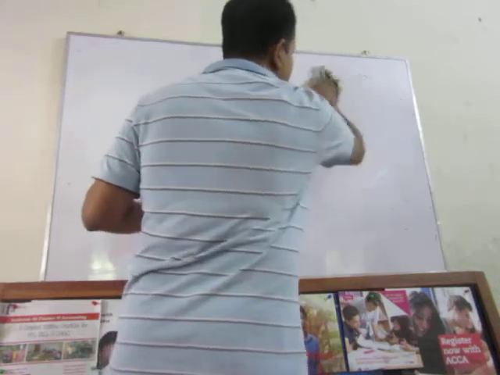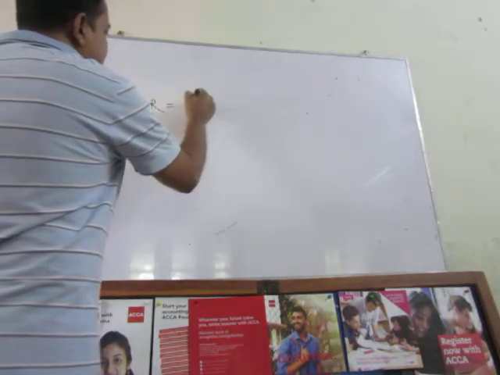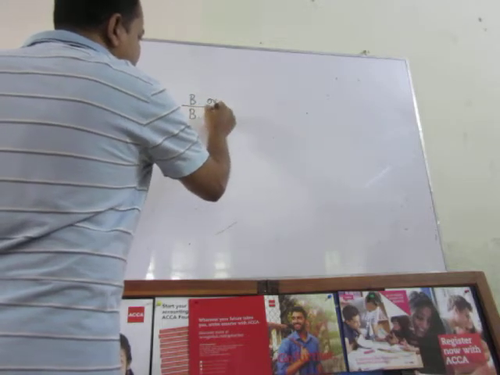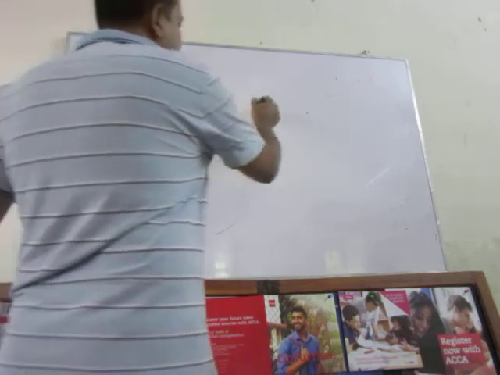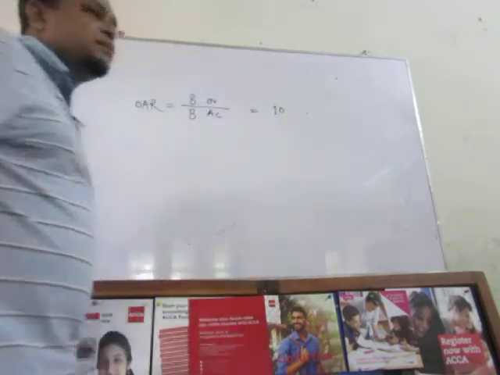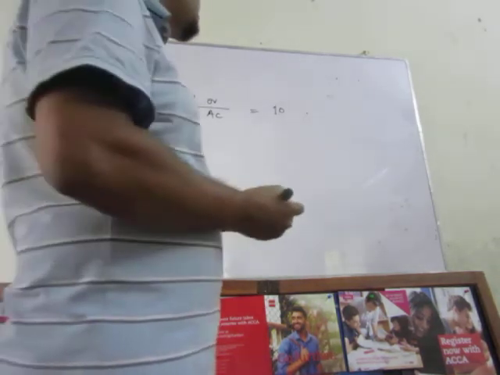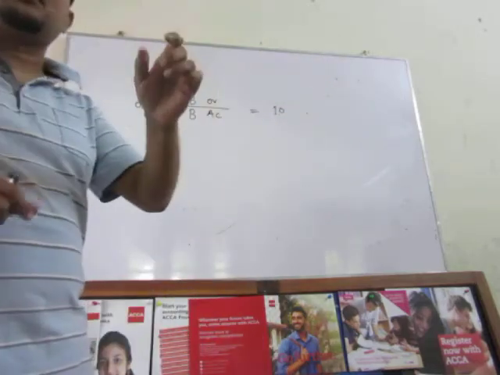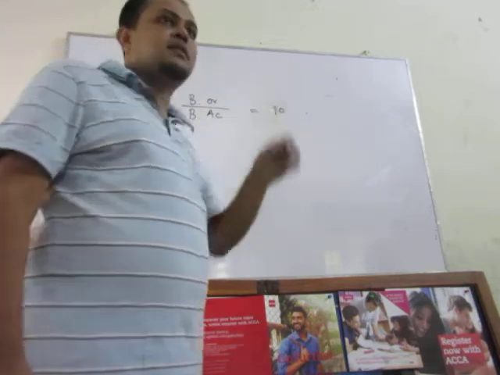Now, আমরা বললাম OAR means budgeted overheads divided by budgeted activity. Suppose the calculated amount is 10. What does this 10 means? This 10 actually comes from two different variables. Both are budgeted. That's why it is also budgeted.